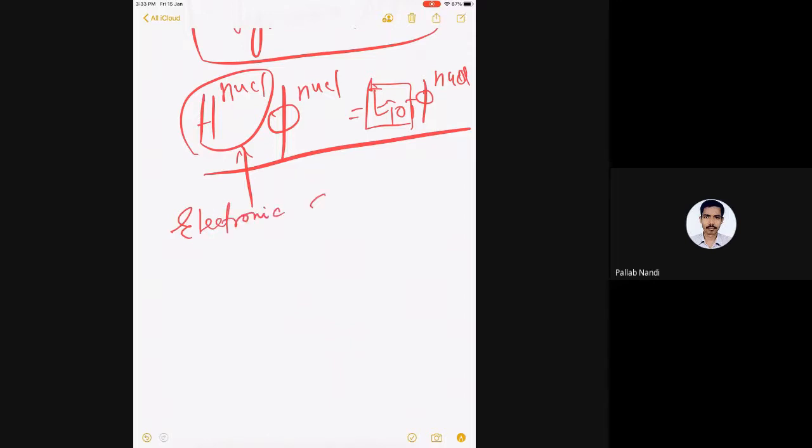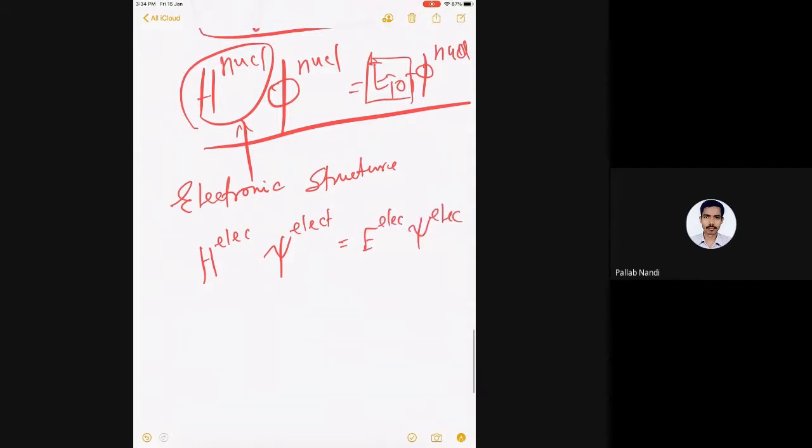So let me rewrite the electronic structure problem. I have H electronic, psi electronic equal to E electronic, psi electronic, where H electronic is a function of the electronic coordinates in a field of fixed nuclei.